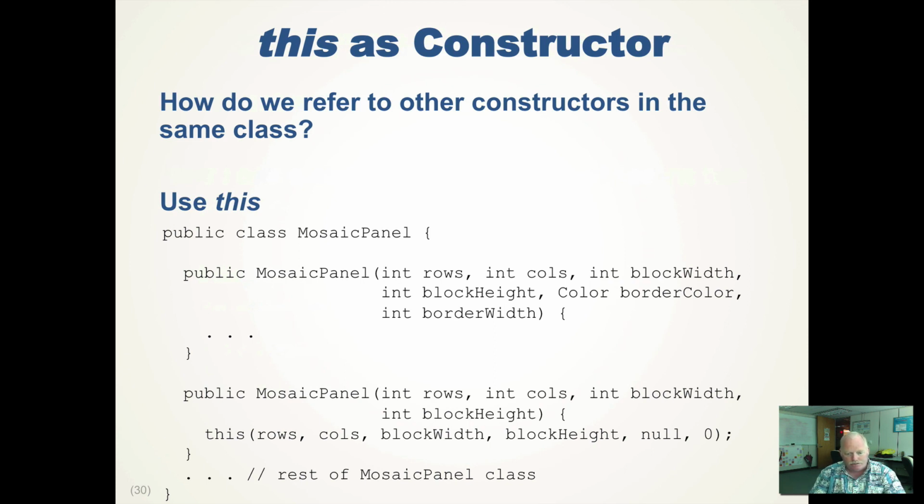But we have another constructor that doesn't have the color or the border width. How do we initialize this? We call this, supplying the row, the column, the block width, the block height, and we supply a color of null and a border width of 0. So we're calling the first constructor to initialize our mosaic panel, and we're not supplying a color, and we're saying the border width is 0 because this constructor doesn't have a color.